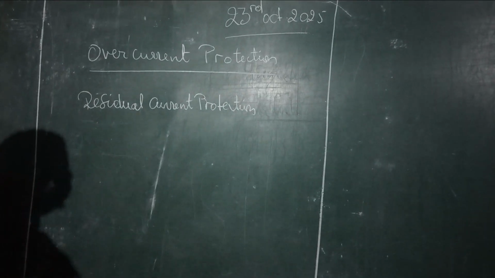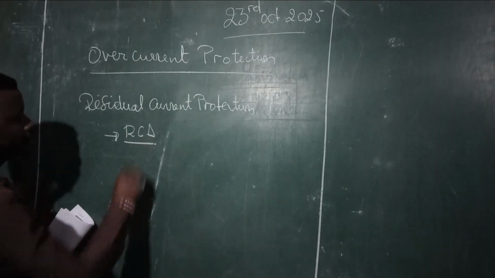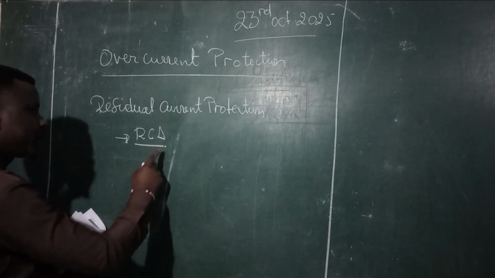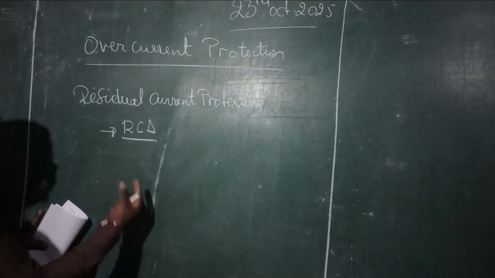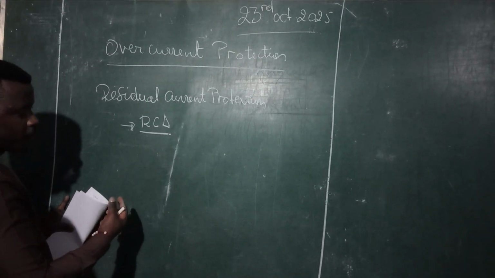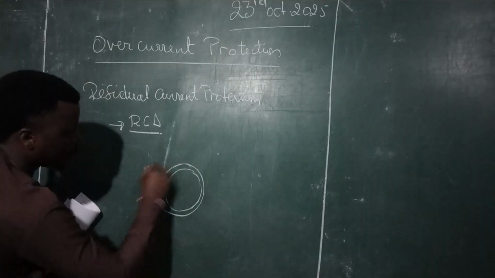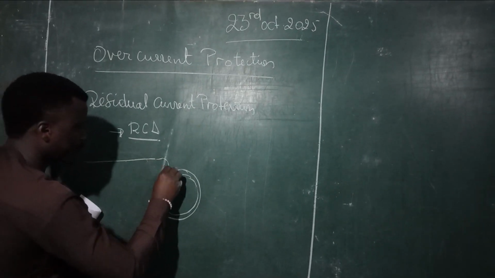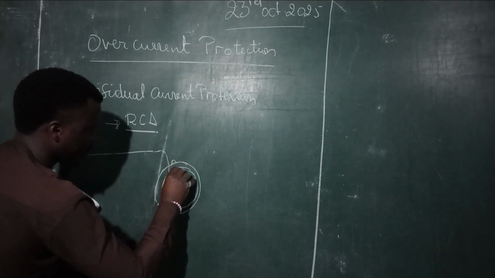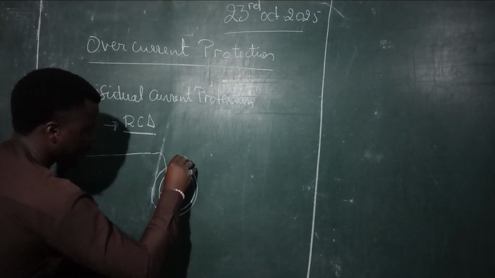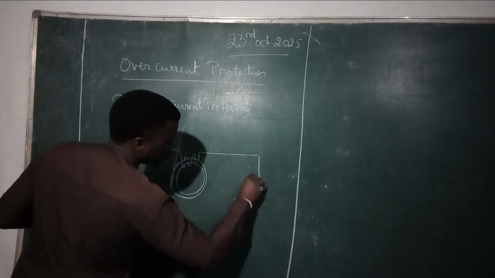we use a device called a residual current device, which measures the imbalance between live and neutral, so that when there is an imbalance between live and neutral, it trips the circuit, under the principle of using a toroidal coil, where the live wire comes and goes to the load.